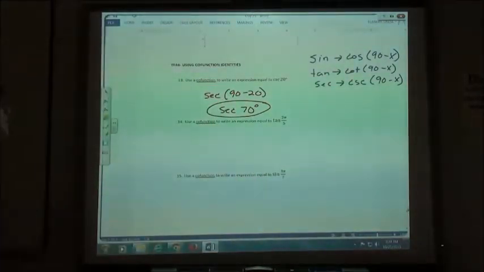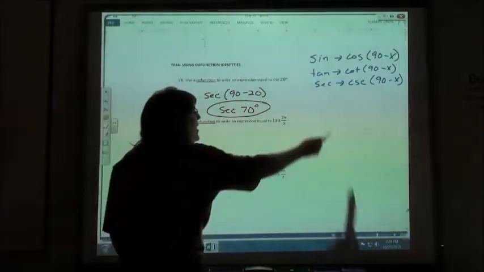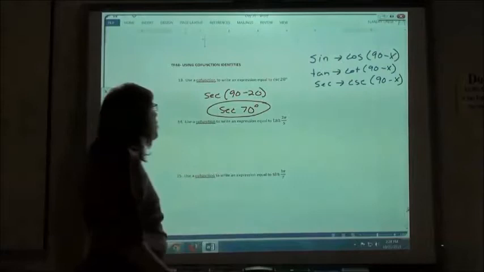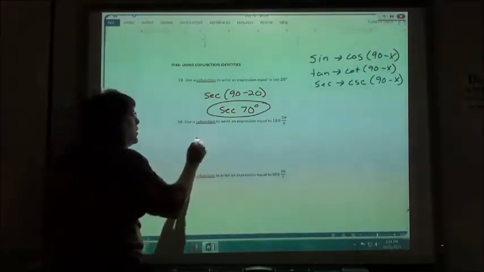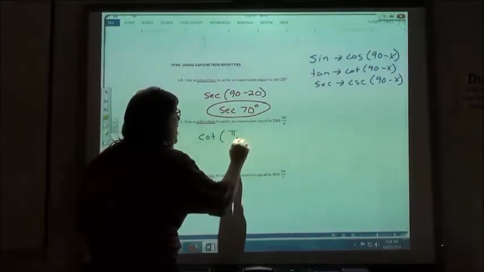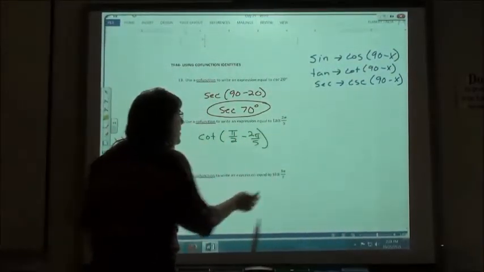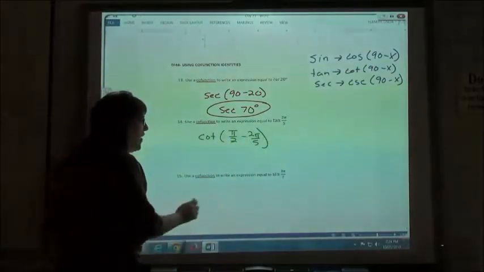14 says use a cofunction to write an expression equal to the tangent of 2 pi over 5. Tangent and cotangent are cofunctions, and so I would use cotangent, and instead of 90, I'm going to use pi over 2 minus my 2 pi over 5. So 1/2 minus 2/5.